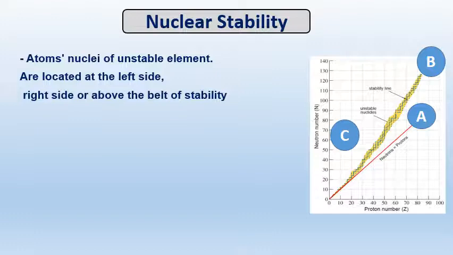And B, which is located above the belt of stability, is also unstable. Let's see why these elements are unstable and how they can tend to be stable. Pay attention.